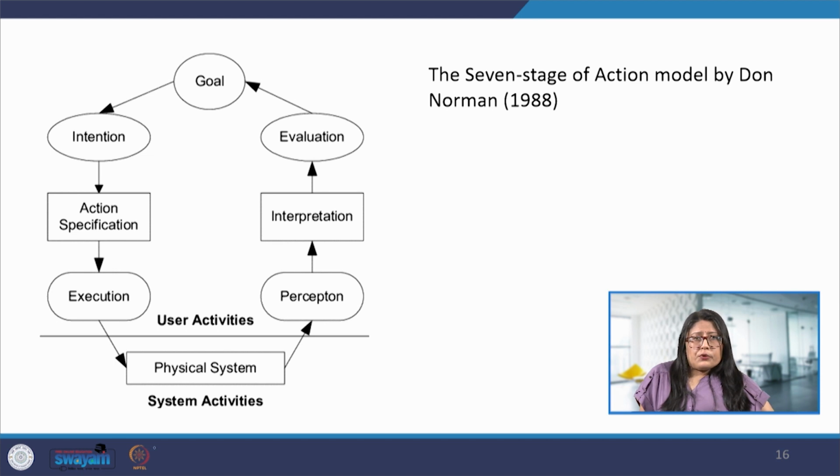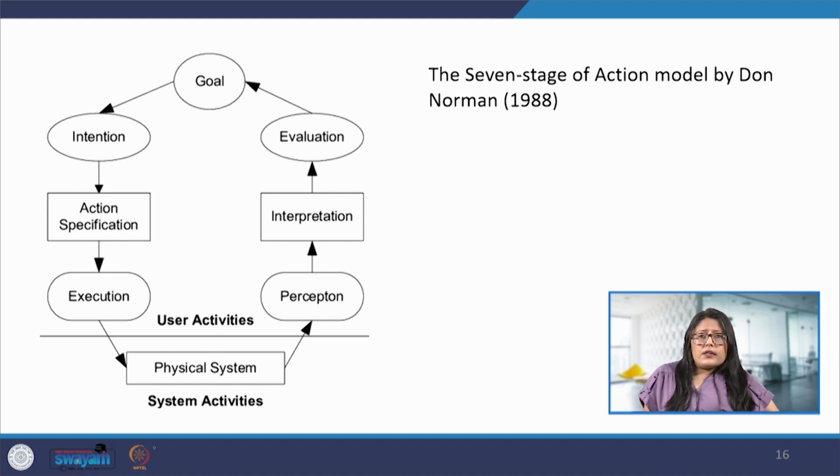So, for example, Don Norman developed a number of models of user interaction based on theories of cognitive processes, which is a branch of cognitive science, and they were intended to explain the way users interacted with interactive technologies.